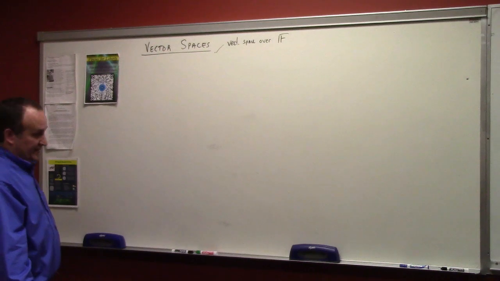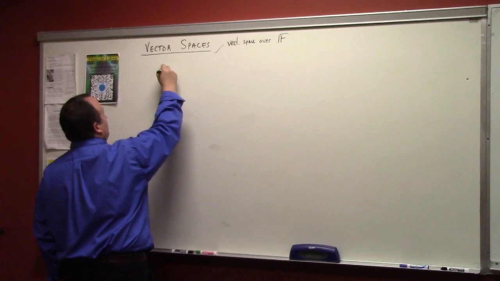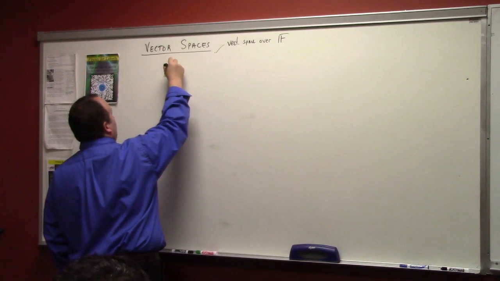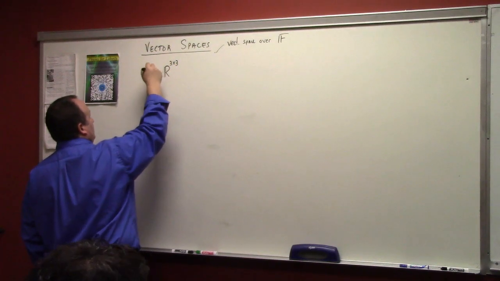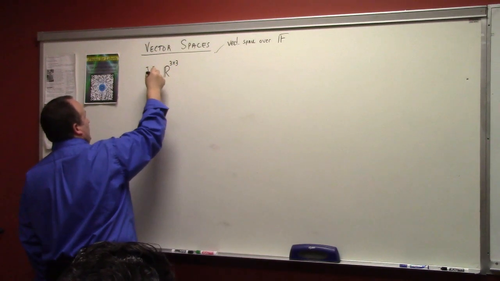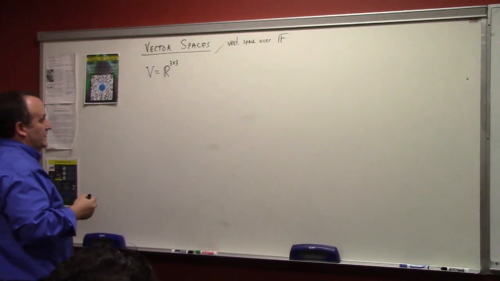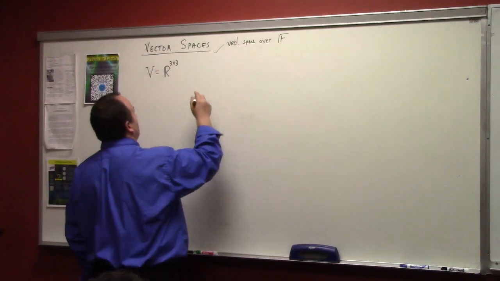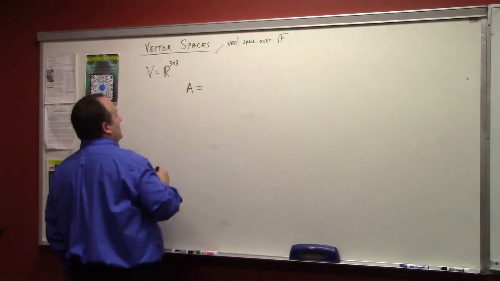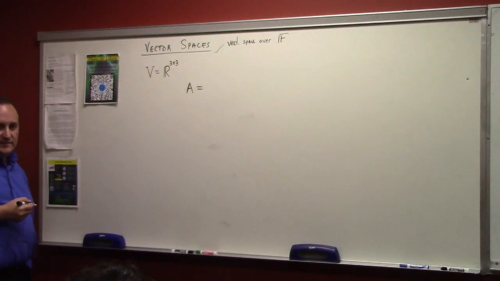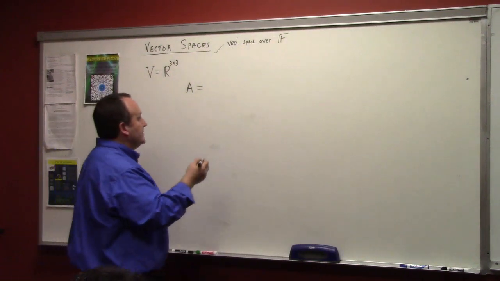An example. We should do an example. So, how about this? Let's look at 3 by 3 matrices. That's a vector space, right? I want to point out that you can take any matrix A and write it as the sum of a symmetric and an anti-symmetric matrix.